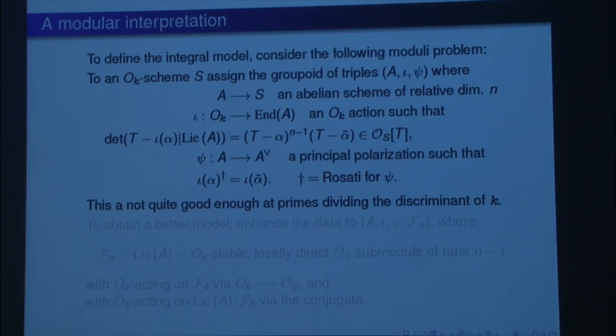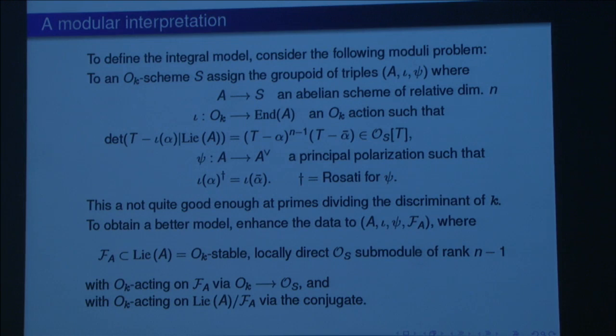It's regular outside of the primes dividing the discriminant, but at the primes dividing the discriminant it is still not so good. So you now have to make a better model, and now what you do is you add, for those people interested in technicalities, a sub-sheaf of the Lie algebra on which O_K acts by the standard embedding into its structure group, I mean the structural morphism, and on the quotient it acts by the conjugate.